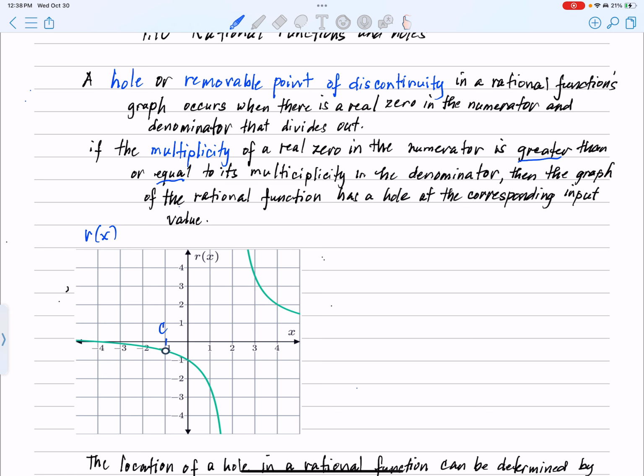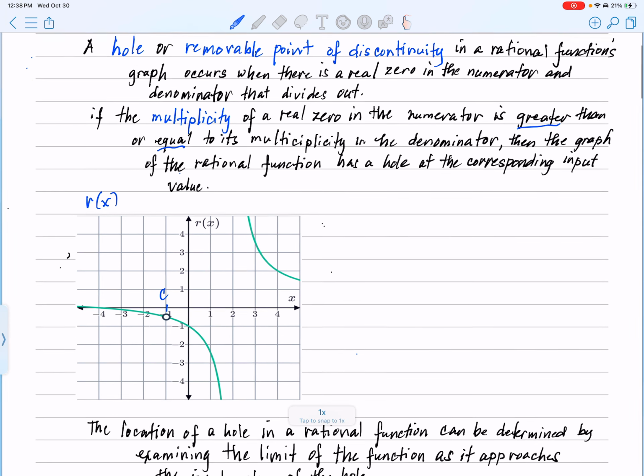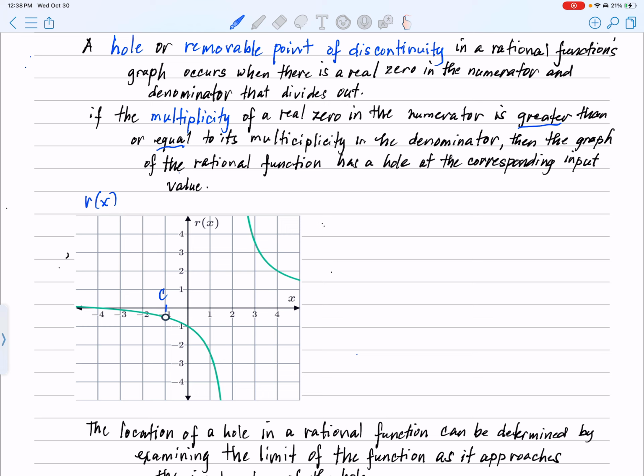That means we are trying to get the coordinate that is close to that c where the hole is located.